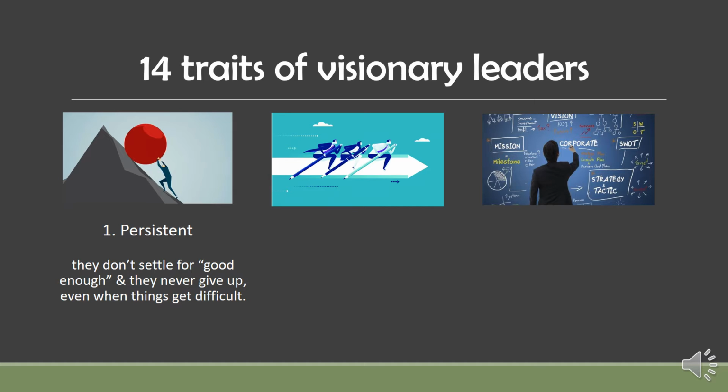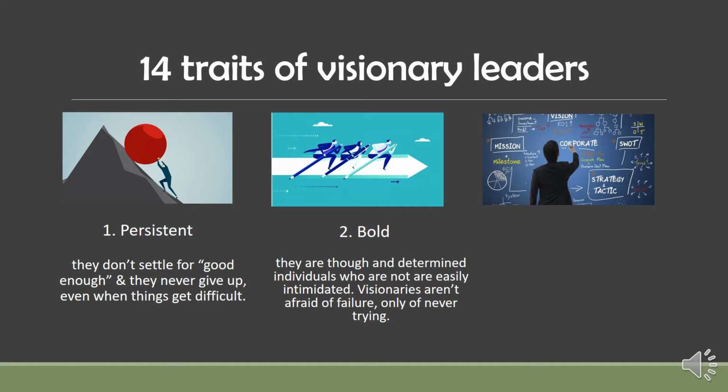Second is bold. They are tough and determined individuals who are not easily intimidated. Visionaries aren't afraid of failure, only of never trying. With this trait, visionary leaders are already masters of resisting pressure, both internal and external.